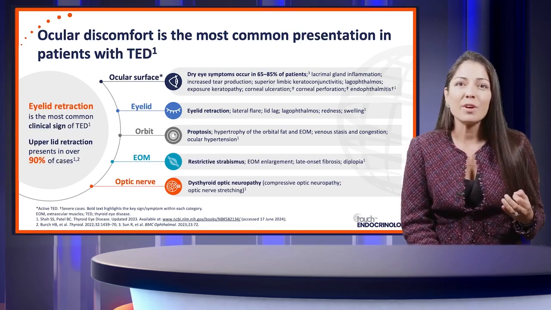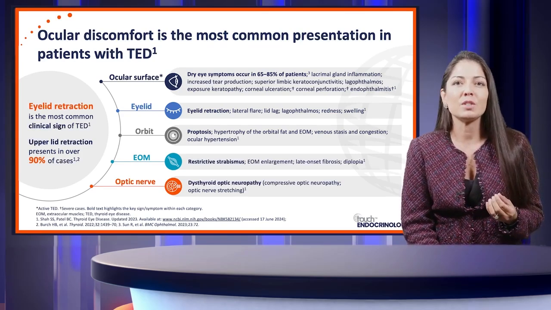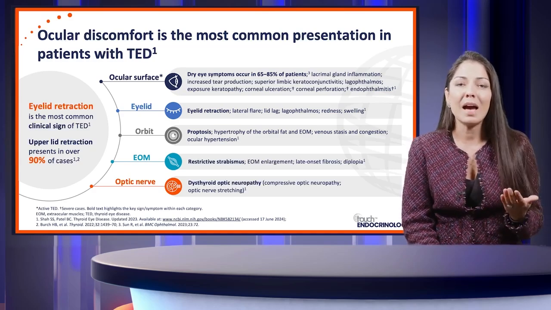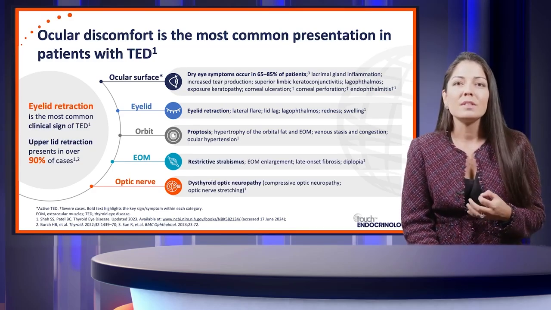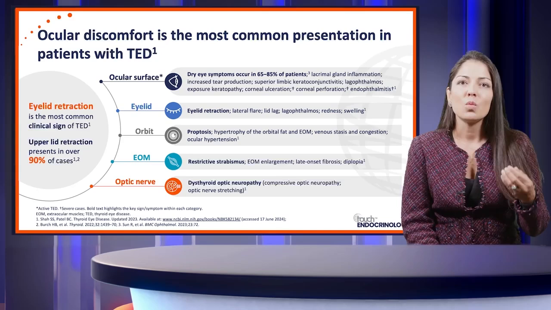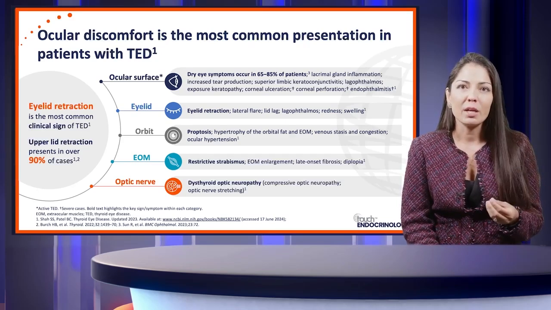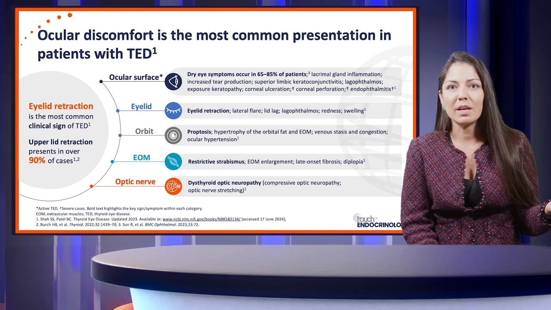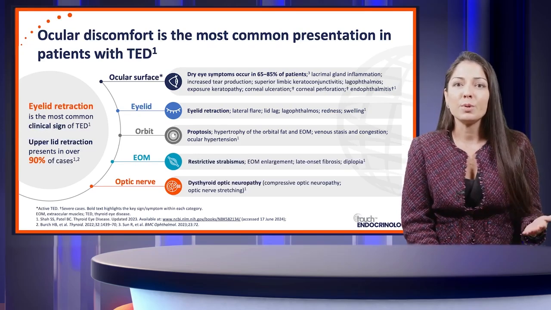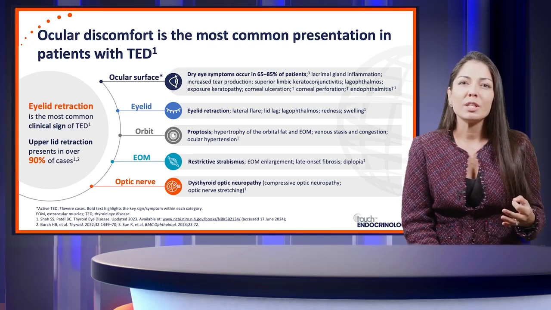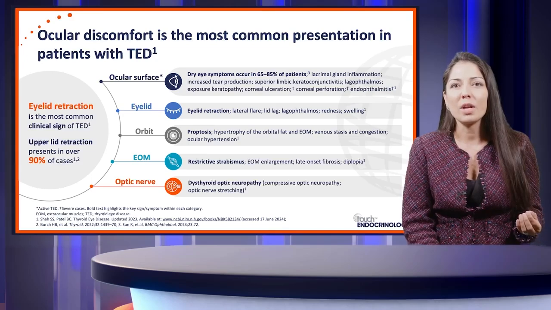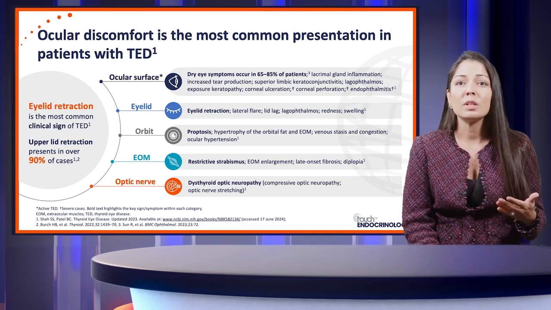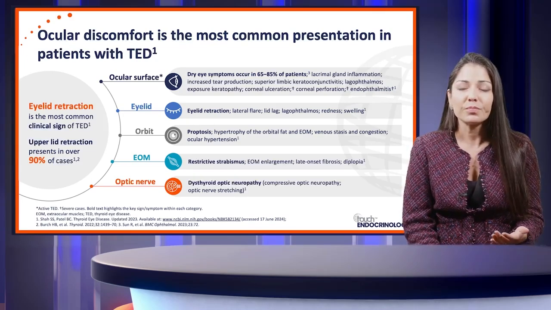We know that about 65 to 85% of patients with thyroid eye disease also have dry eye symptoms, and this can include things like pain, redness, tearing, burning. These patients oftentimes have inflammation in their lacrimal gland, and this can affect their tear production. They can also have inflammation on the conjunctiva above their cornea, and we call that superior limbic keratoconjunctivitis.